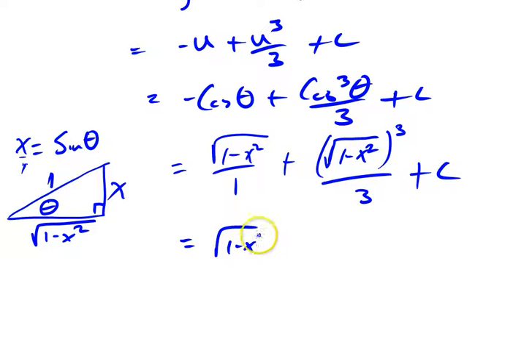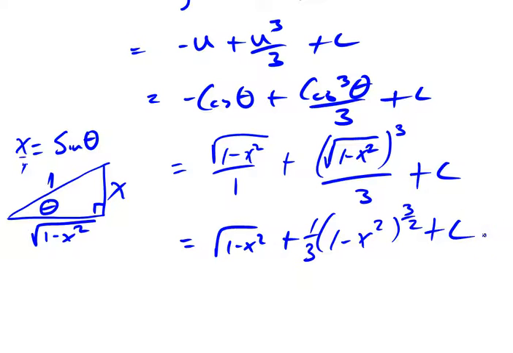Square root of 1 minus x squared, you can either write it that way or as 1 minus x squared to the 3/2 power times a third plus C. Okay.